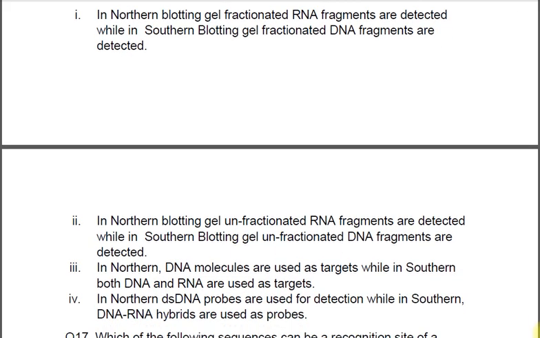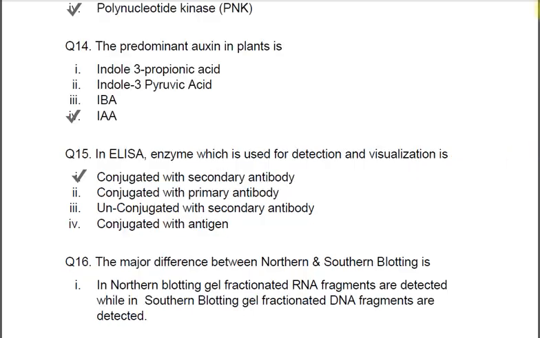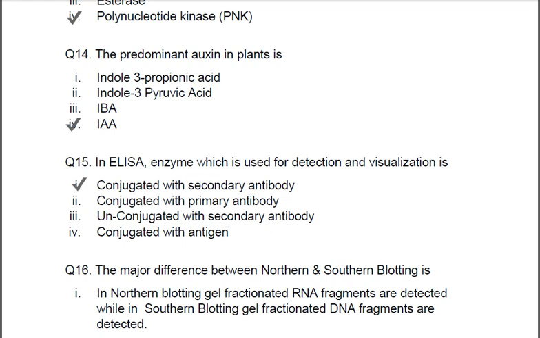Option 3 says, in northern blotting, DNA molecules are used as targets, while in southern blotting, both DNA and RNA are used as targets. Option 4: in northern, DNA probes are used for detection, while in southern, DNA-RNA hybrids are used as probes. So out of this, the correct one is the first option.